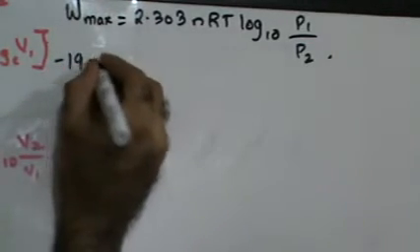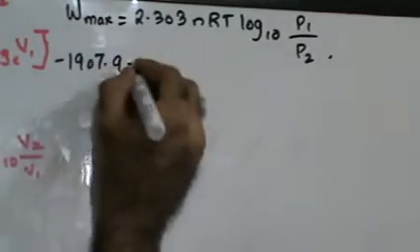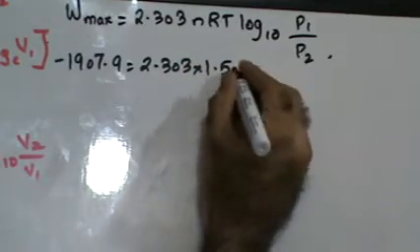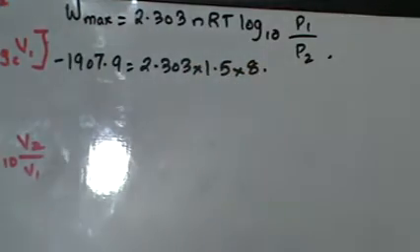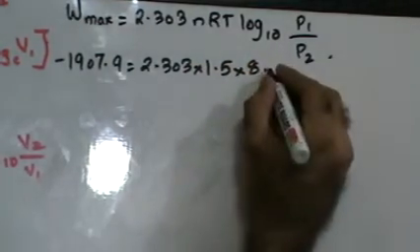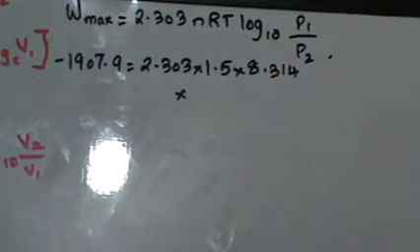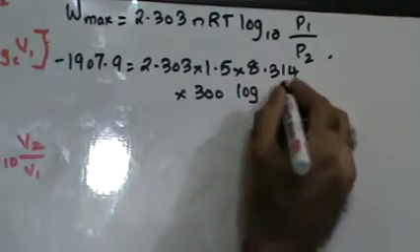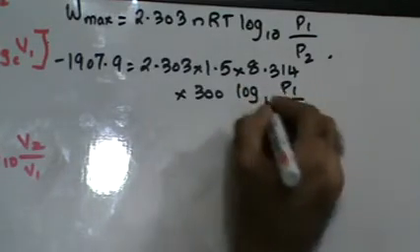Work done is negative 1907.9 is equal to 2.303, n we found out is 1.5, R is 8.314 into T. They've given you 300, log P1 upon P2 to the base 10.